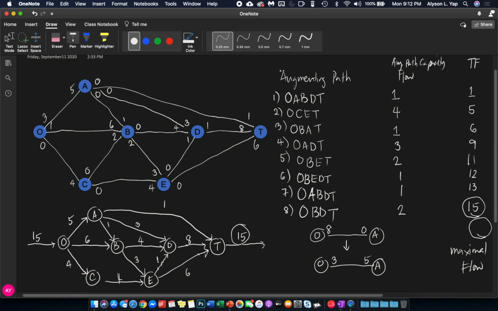In the end, no matter how you identify the augmenting paths, the maximal flow will always be 15. Your flow within the network might be different, or will surely be different as you identify different augmenting paths. But what is sure is that 15 units will enter and 15 units will exit the graph.